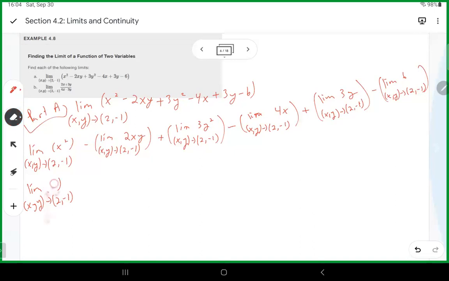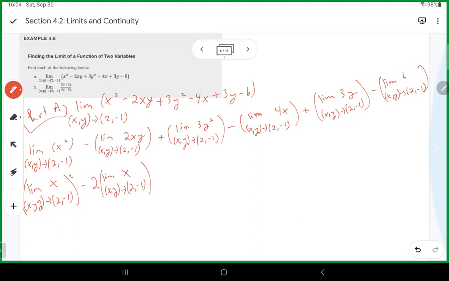Actually, they pull out the square and put it on the outside. Then we'll pull the 2 out, and we'll have the limit as (x, y) goes to (2, -1) of x.